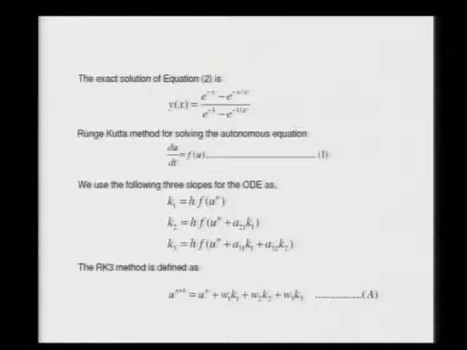Having obtained these three slopes k 1, k 2 and k 3, we define the general Runge-Kutta three-stage method as given by equation A, that is u at the new time level is equal to u at the old time level plus the weighted average of all these three calculated slopes k 1, k 2 and k 3.